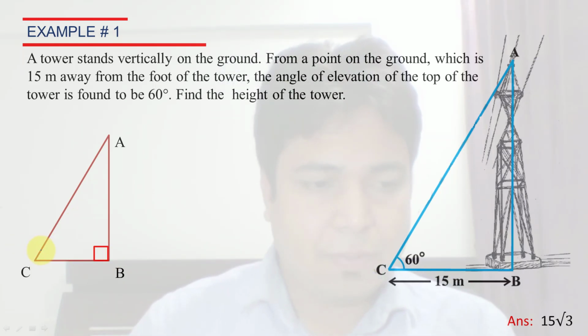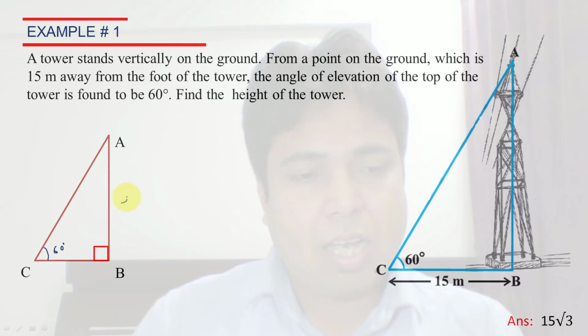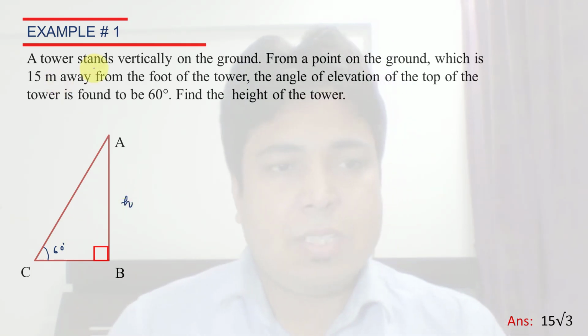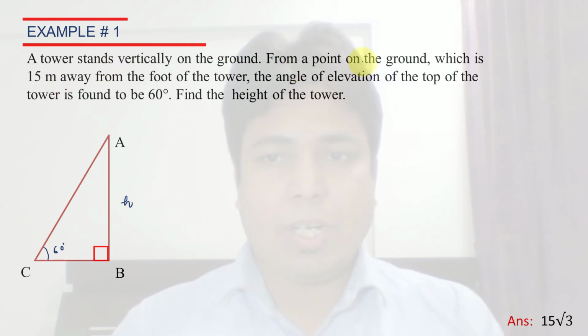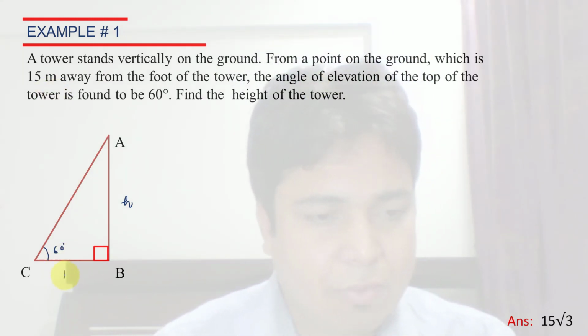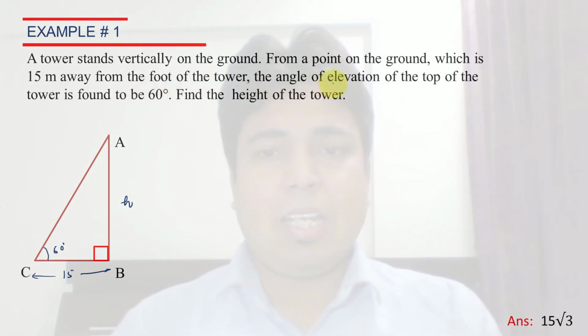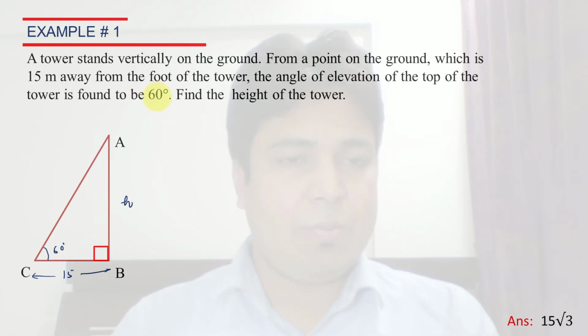This is the 60 degree angle of elevation, and this is the height. So this distance is 15 meter, away from the foot of the tower. Find the height of the tower. So we need to find this height.